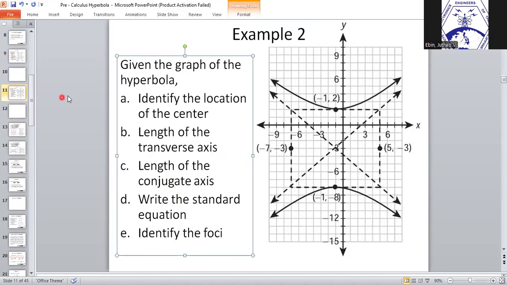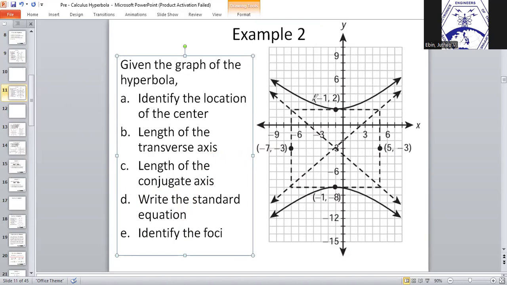So same lang din yung magiging solution natin. First is to identify the center. The center is at the midpoint of the transverse axis. In this case, yung transverse axis natin ay vertical.